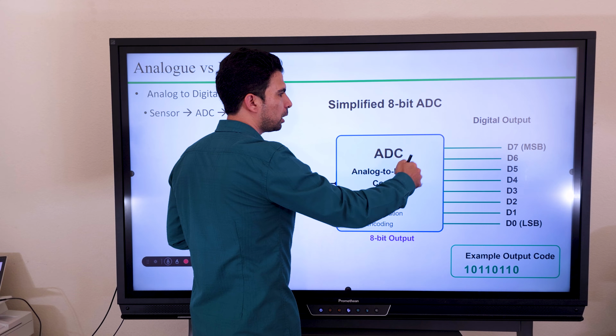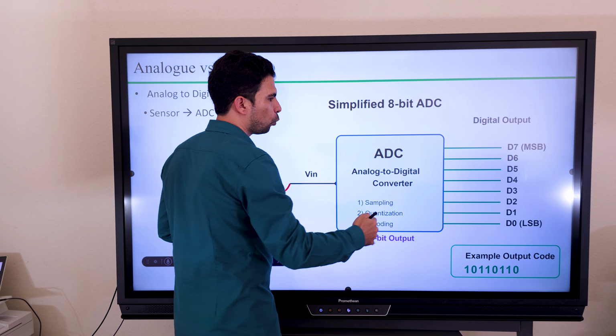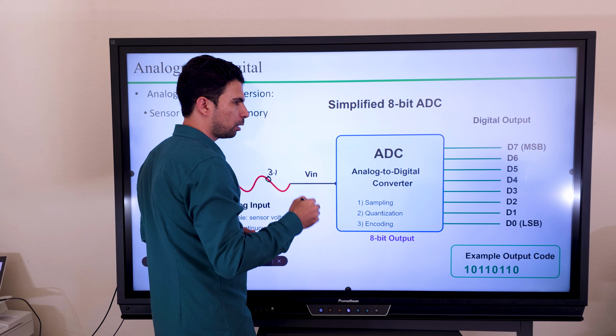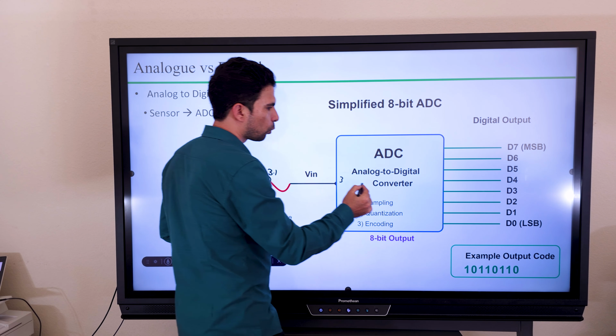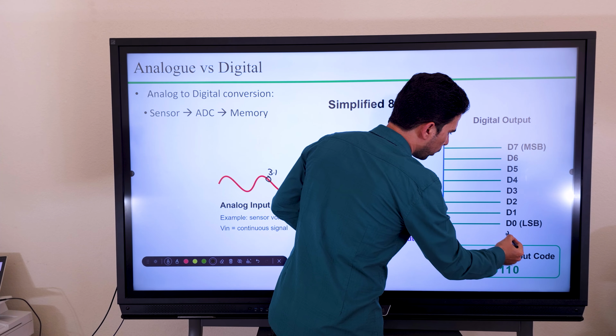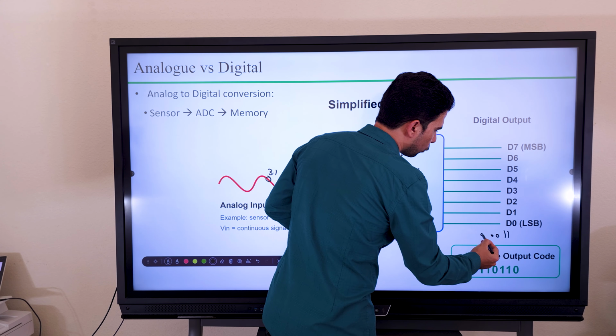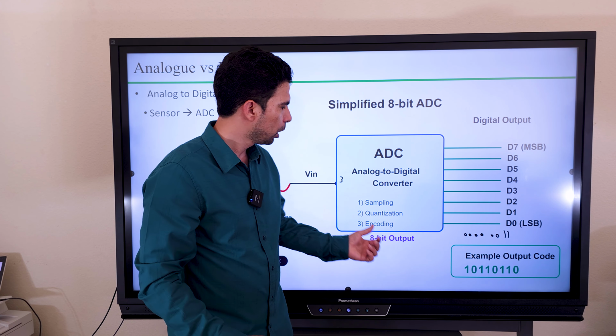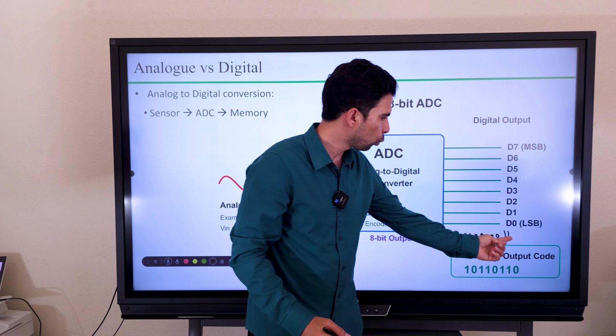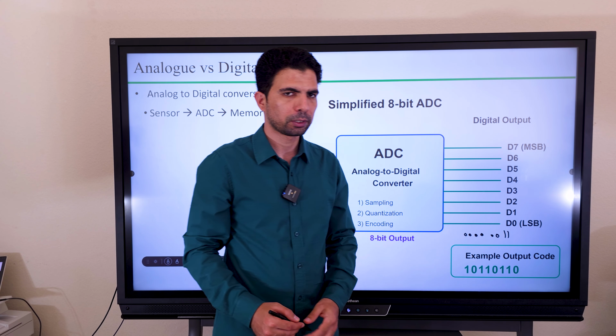The output of the ADC is an integer. So we can represent this by 3, and I'm going to explain why. The value 3 here will be 1, 1, 0, 0, and then 4 zeros. And we will also understand in this course how to convert 3 into 1, 1, 0, 0, and 4 zeros.